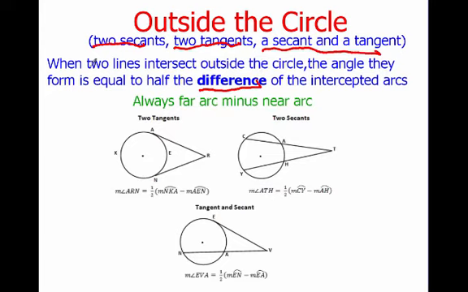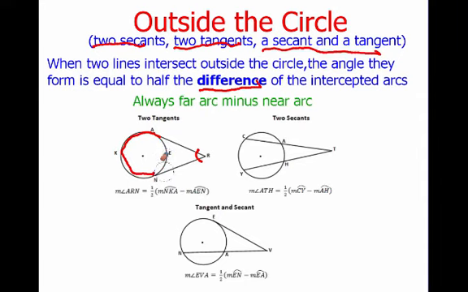Instead of adding, we're going to subtract. And it's always the far arc minus the near arc. So if I look at this example with the 2 tangents, angle ARN is equal to half the difference of our far arc, arc NKA, minus our near arc, arc AEN. It's always the farther arc minus the nearer arc.